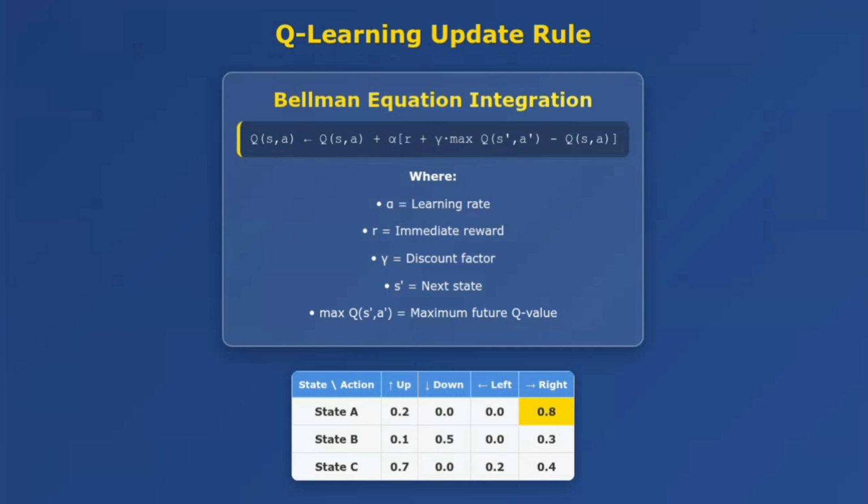It then updates the Q value for the action it just took using the Bellman equation. The update rule considers the immediate reward and the maximum Q value achievable from the next state. This means it learns not just from immediate gratification, but also from the potential future rewards.